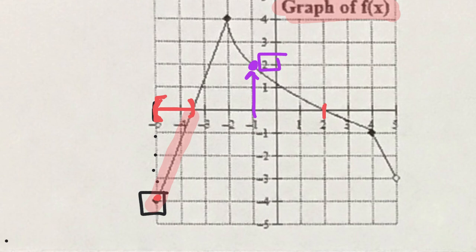So there is one interval where the graph is below the x-axis. Now there's another interval over here. So we have another parenthesis, and we go until +5. Because there is an open circle at the end, we're going to have a parenthesis for +5.